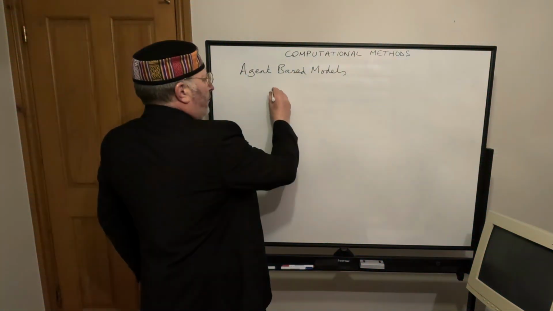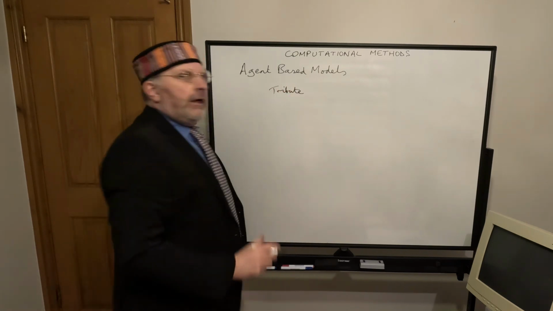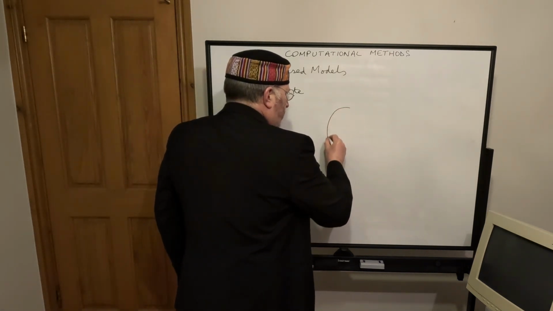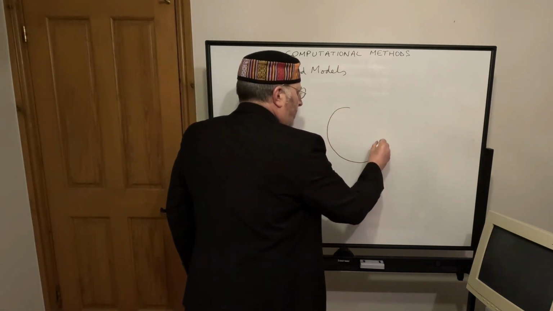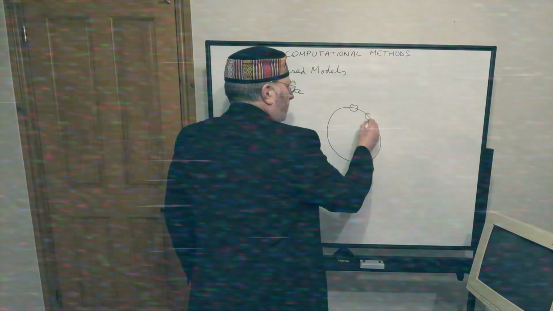And then another example is the tribute model of Robert Axelrod. So here he imagines a set of societies arranged around a circle.